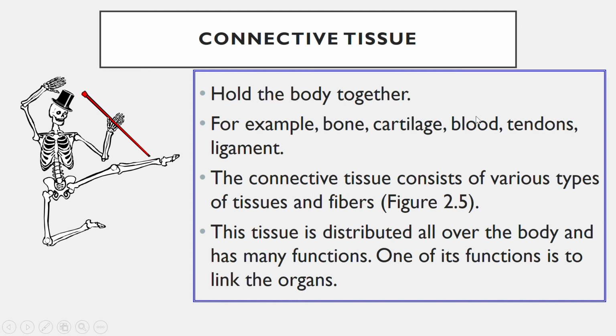Blood, cartilage, tendons, and ligament. You'll come across these terms later on when you go into the chapter of support and movement. Okay, connective tissue consists of various types of tissues and fibers. It is distributed all over the body, has many functions. Okay, mainly is to link or to connect the organs by the name itself.